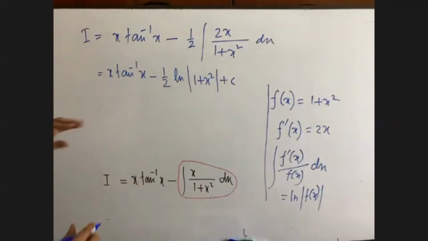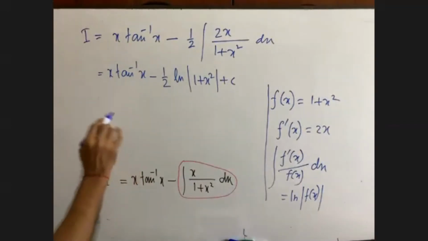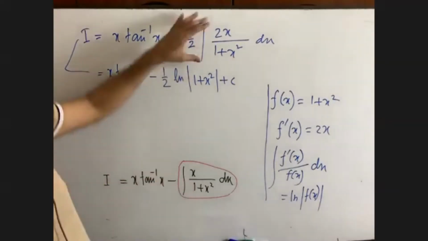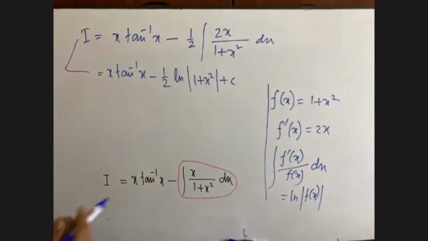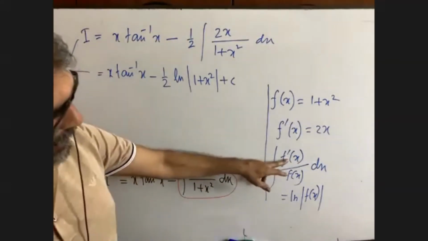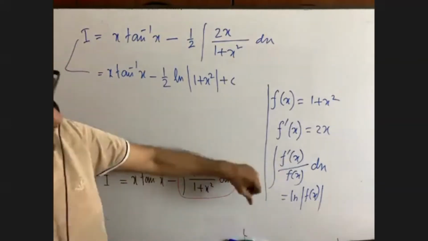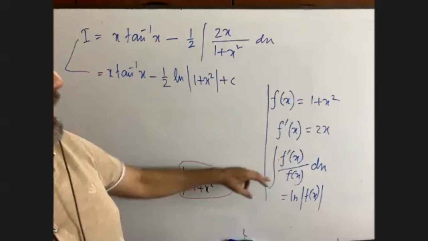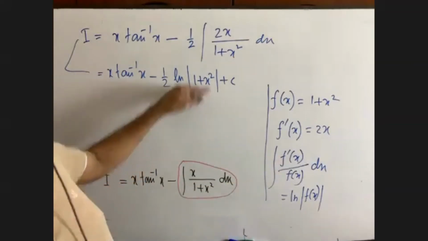I have completed the math in one line. Have you seen? If you know this part like this, then it is possible, otherwise not. This is the formula, f prime x by f(x). If we differentiate the denominator and get the numerator, then it is applicable, otherwise not.